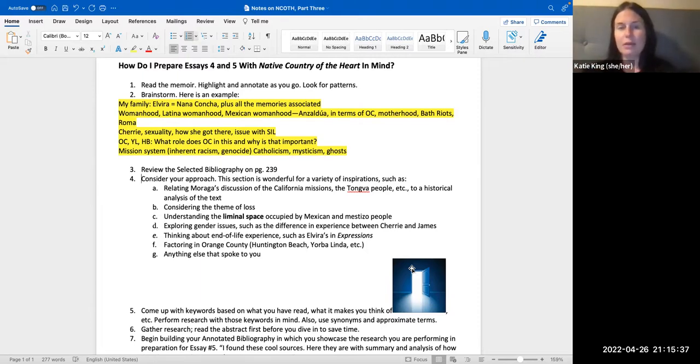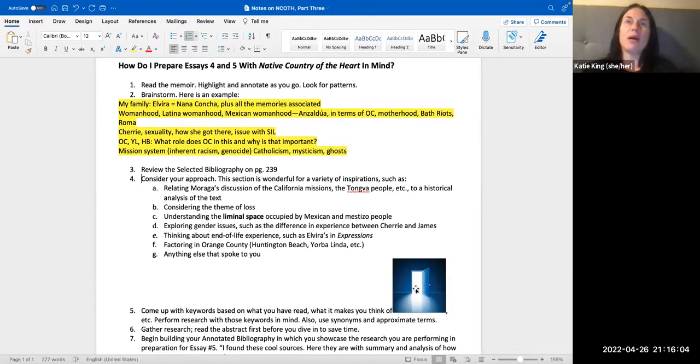And when I say liminal space, this harkens back to our unit on post-colonial theory. The best way I can describe liminal space is it's like being in a doorway between two rooms. You're not fully in one room and you're not fully in the other, right? So you don't really belong to either room. You're in the doorway, but you also kind of belong to both because you're in the doorway.